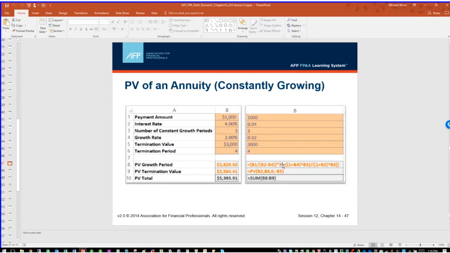If you key that formula into a spreadsheet, you will get an outcome of $2,829.50 using these inputs. Then separately, you calculate the present value of the termination. The termination is B5, the termination value. So it's the present value of B2.